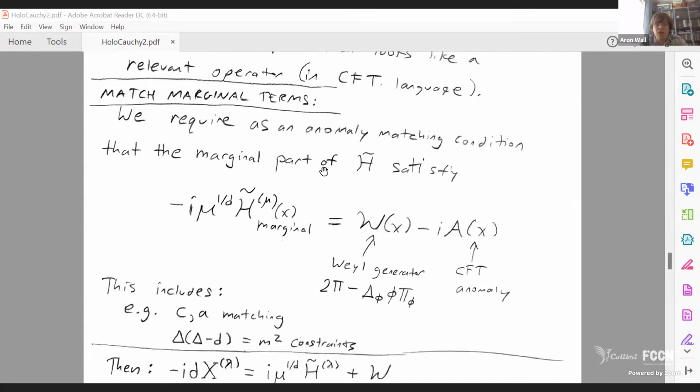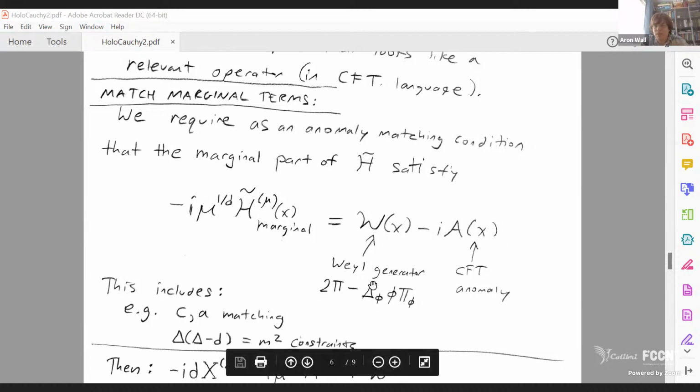And then for the marginal terms, there's an anomaly matching constraint where it's important that all the marginal terms in the Hamiltonian constraint have to match with the log divergences of the CFT by this equation, which involves the Weyl generator and the anomaly.